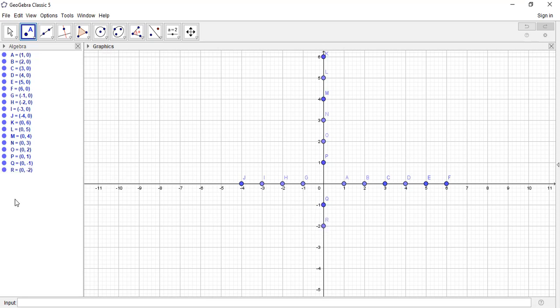Now here will be 0 comma minus 2. If you plot here 0 comma minus 3, and if you plot here 0 comma minus 4, if you plot here 0 comma minus 5, then whenever you plot the coordinates on the y-axis, what is the similarity here?